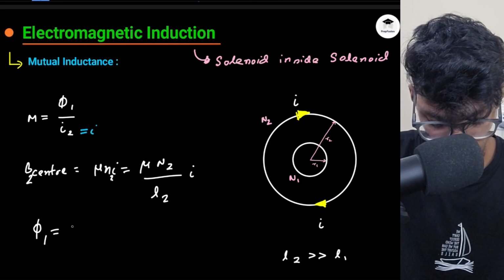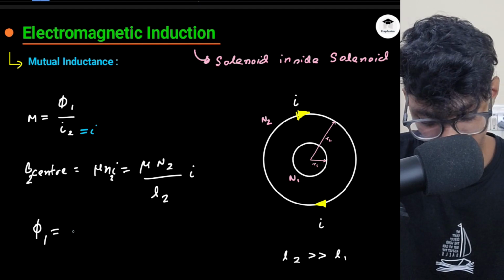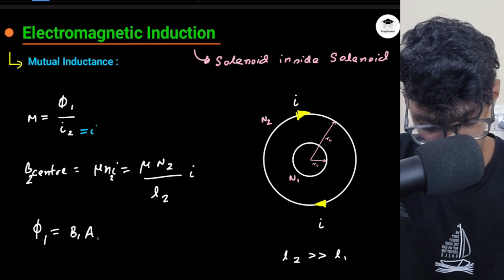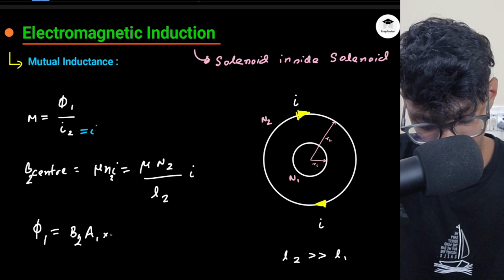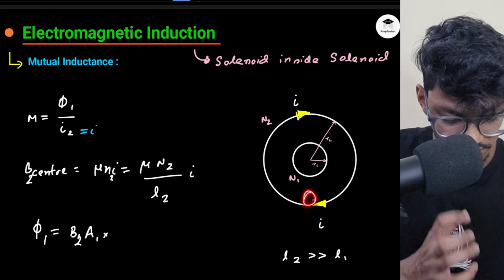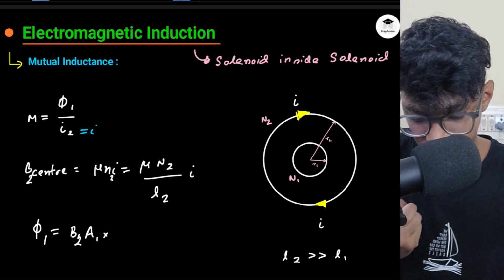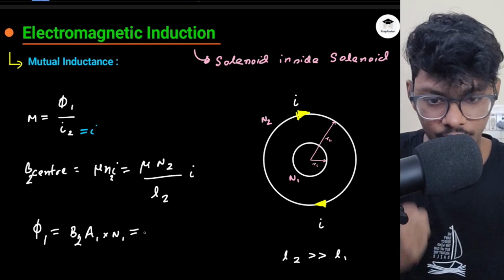So what will be the flux cut? Flux cut will be simply B2 into A1, right? And how many turns are there? Each cross section has N1 number of turns, so I have to multiply this by the number of turns N1. I hope you understand the reason.